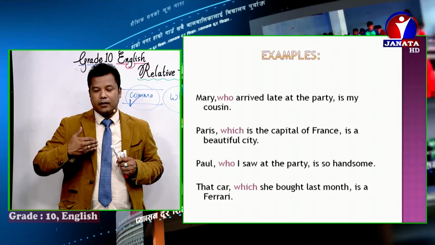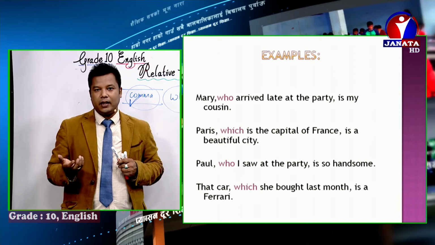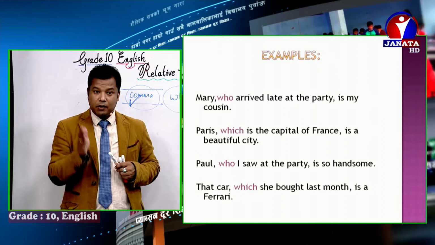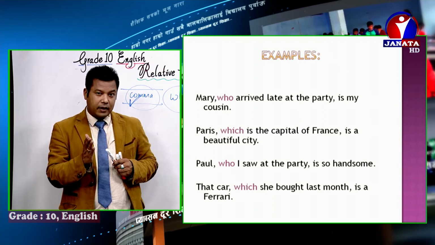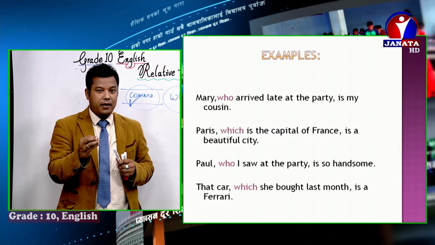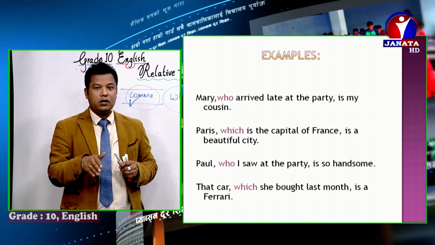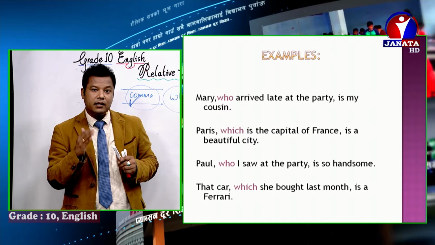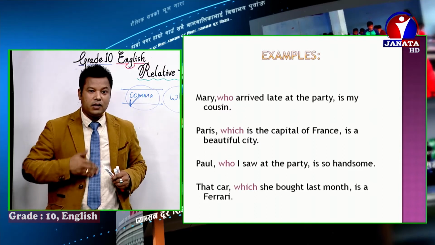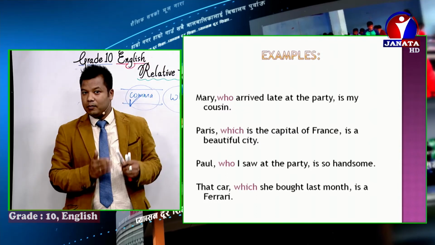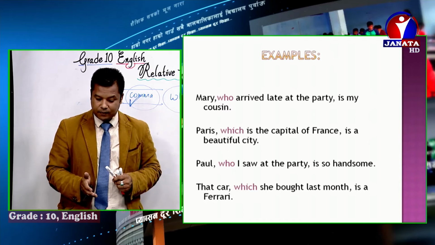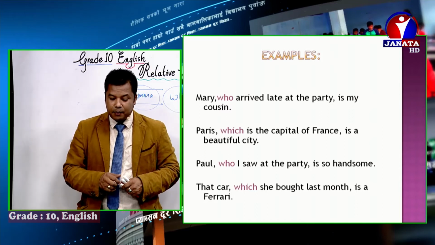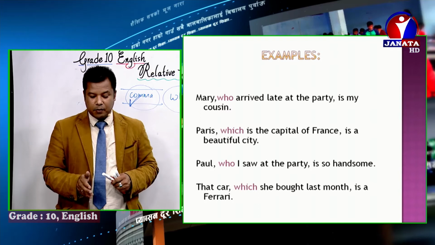The way you say it, in speaking you cannot show this comma, but the way you take the pause actually tells you that there is a comma and you are using a non-defining relative clause. And with that, the listener will make a different picture of what you are actually saying. And that is always important in communication. So more examples here. Paris, which is the capital of France, is a beautiful city.